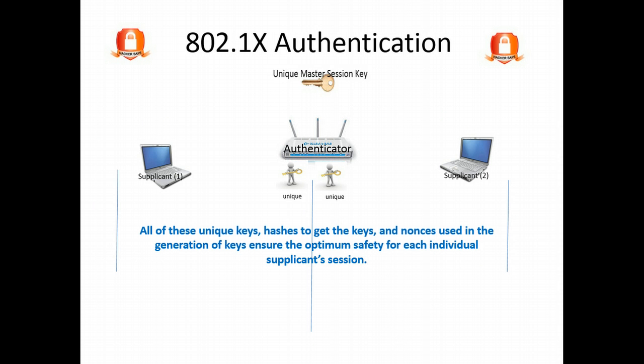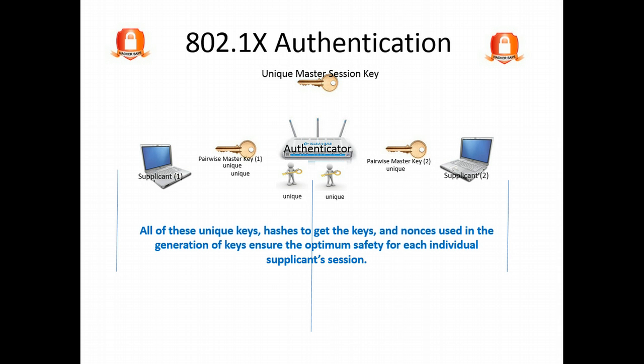In this scenario, our uniqueness starts out with the session key, this unique master session key that does not exist over on pre-shared key authentication. Once 802.1x authentication has been completed, a unique master session key, and the key word here is session, is generated to generate a unique pairwise master key per session.